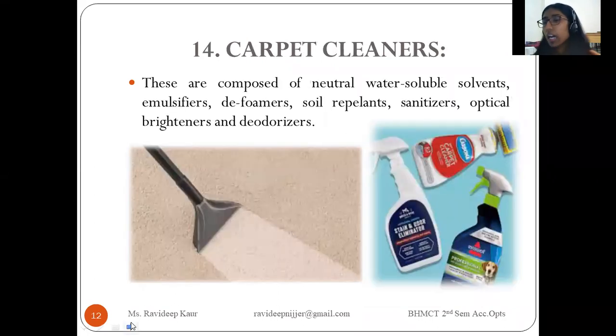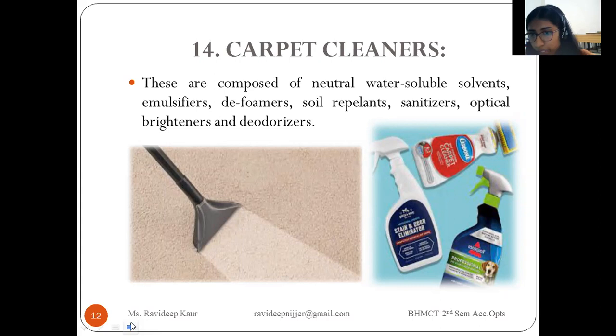Next, this is our last cleaning agent, carpet cleaners. These are composed of water soluble solvents, emulsifiers, defoamers, soil repellents, sanitizers, optical brighteners, and deodorizers. Carpet cleaners are a combination of all these things.